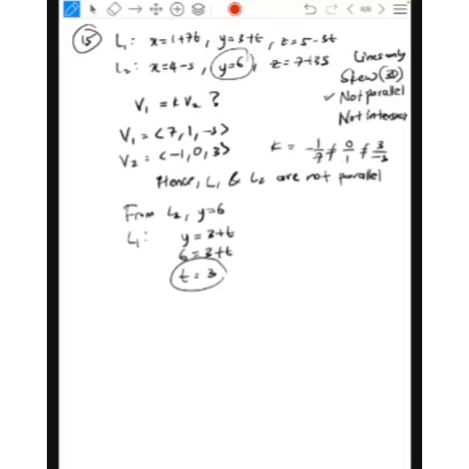Then we substitute into X. So from L1, our X will be -22, and then the Z will be -4. Then according to L1, the point of intersection will be 22, 6, 94. Is it? Okay.